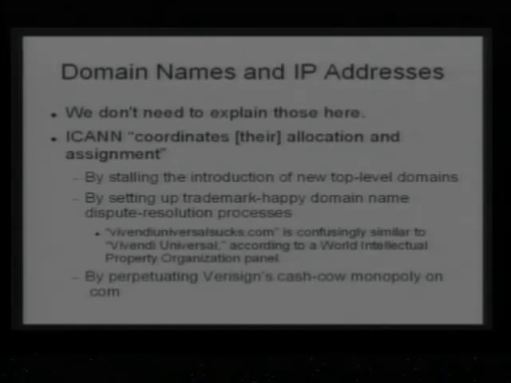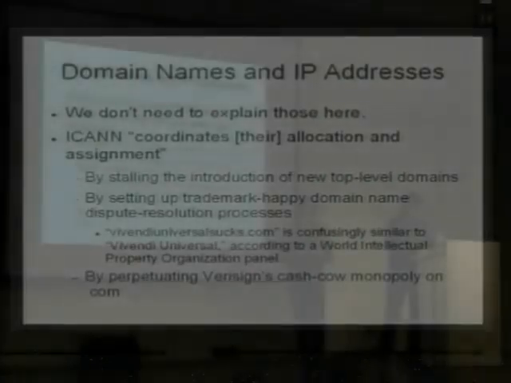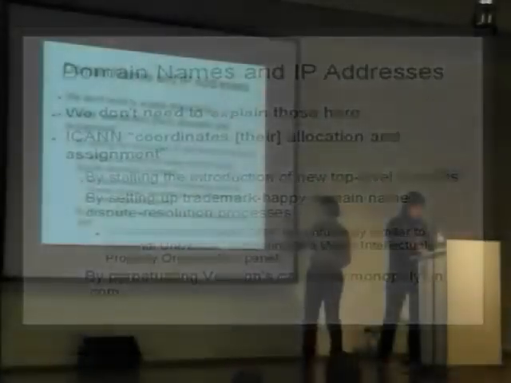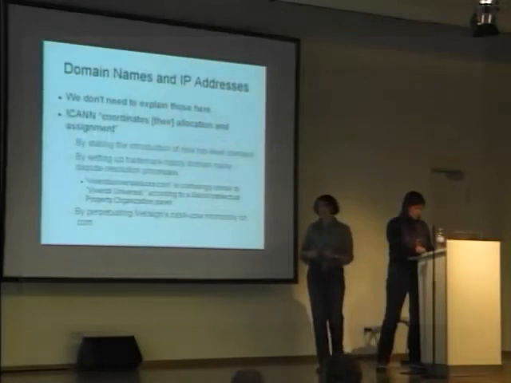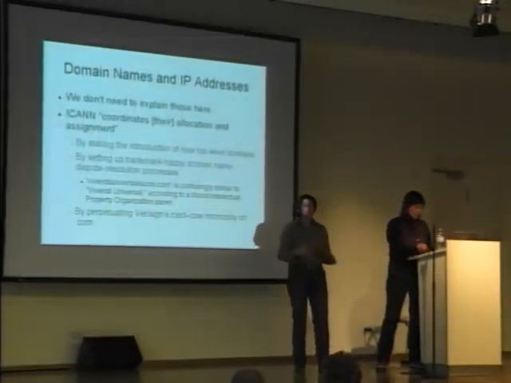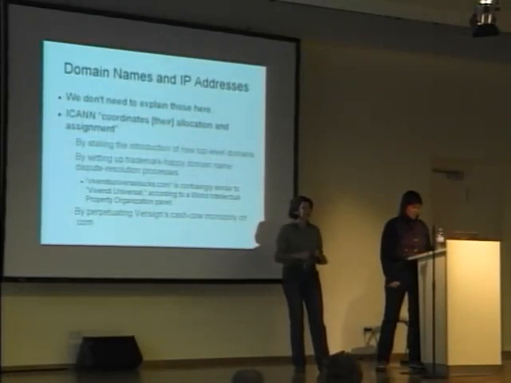But what does it mean when Icann coordinates their allocation and assignment? Well, so far, this organization has been around almost 10 years now. It's primarily been in a position of blocking the coordination and assignment of new top-level domains. It's been stalling the introduction of new or internationalized top-level domain names.